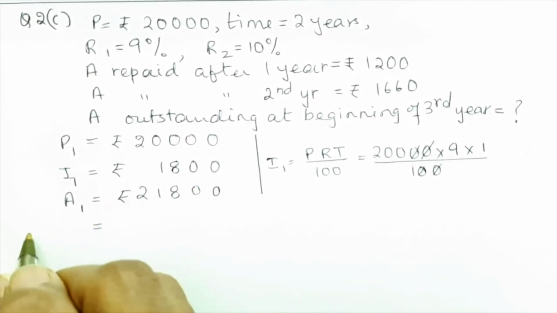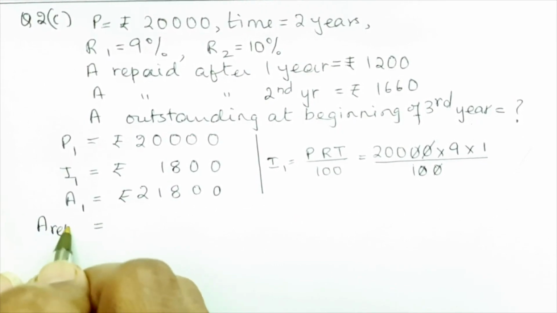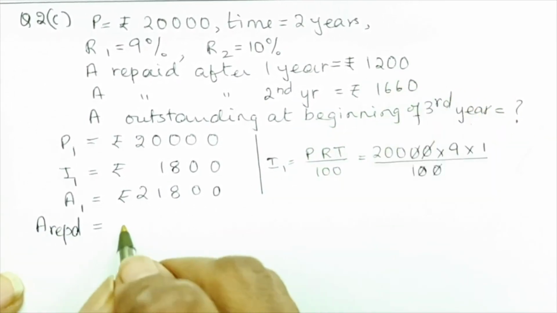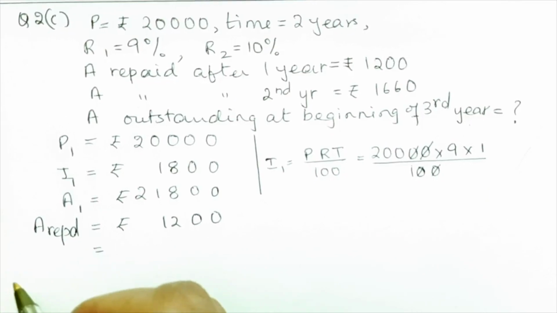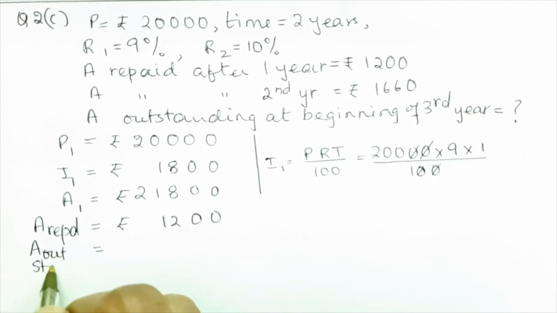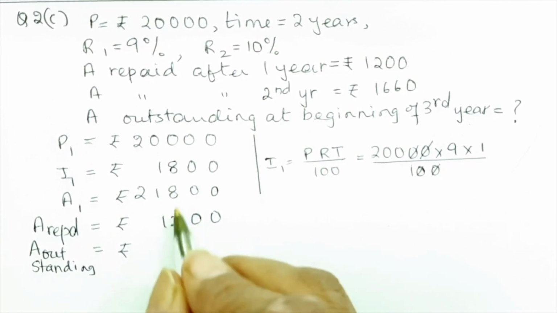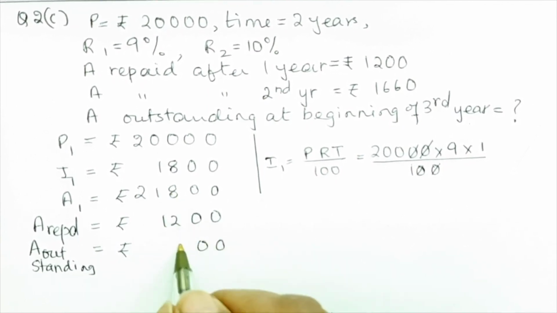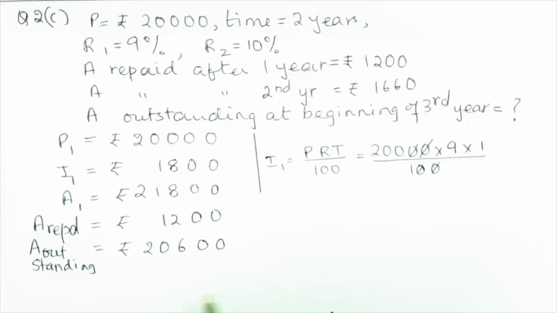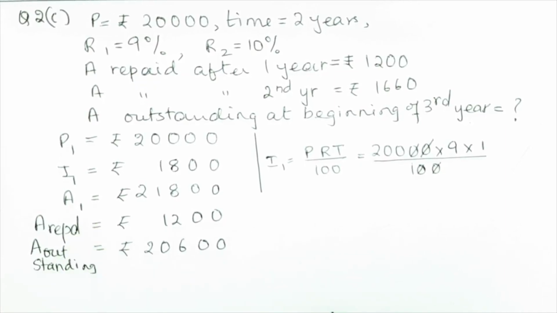Correct? Now we are going to have amount repaid after first year 1,200. So we will have amount outstanding, we'll have to subtract this from here. Correct? Now this becomes the principal for the second year.